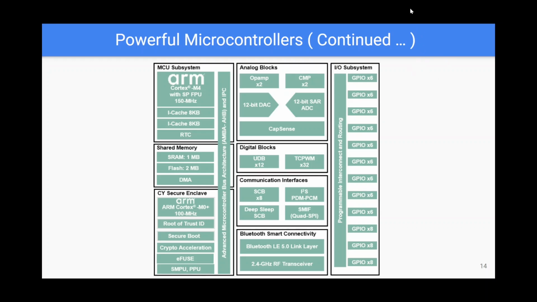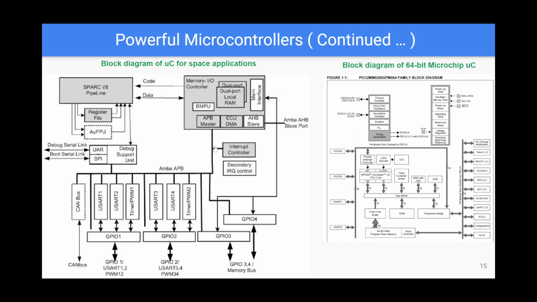Again, dreams, but you never know. Dreams can also come true as well. That's how all technology starts. You have a dream, you work on it, you don't achieve what you envisioned, but you make progress towards those objectives. Okay, these are again some examples of powerful microcontroller block diagrams.